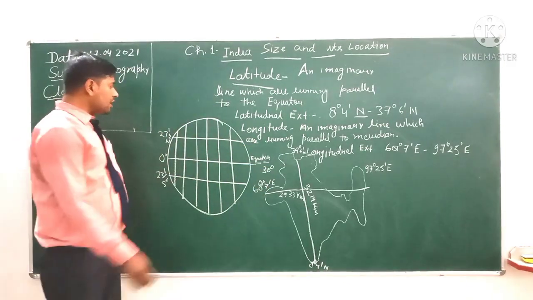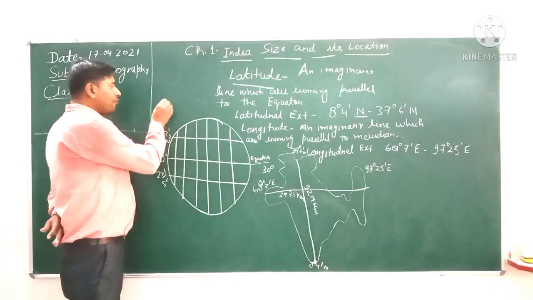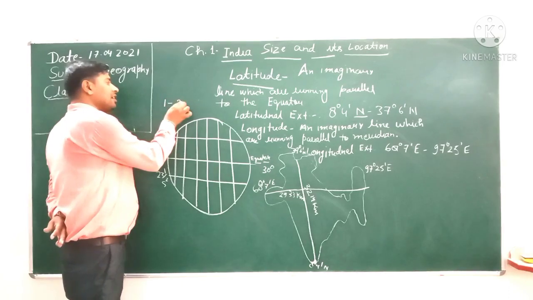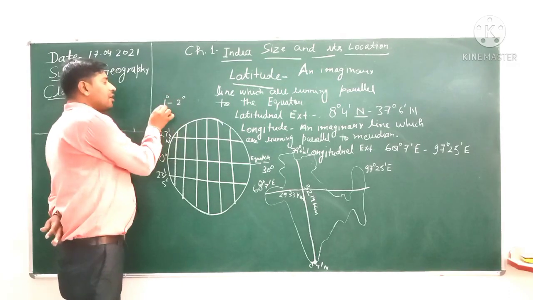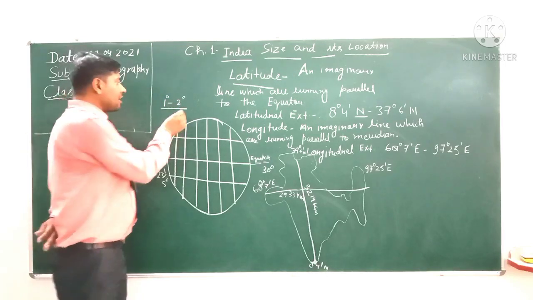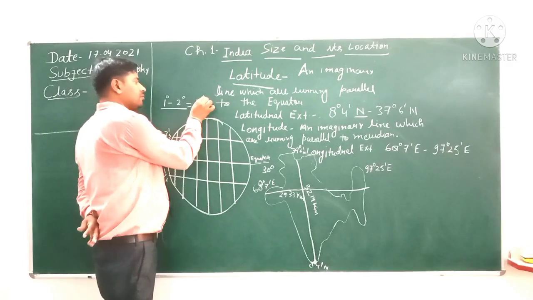Students, as we know, there is a 4-minute time difference between 1 degree and another degree. If we find the difference between 1 degree and 2 degree, there is a time difference of 4 minutes.